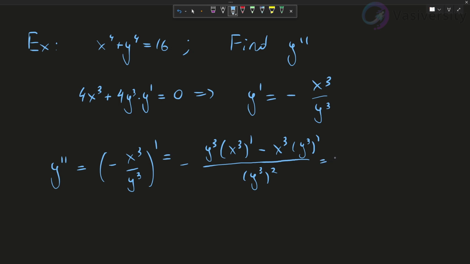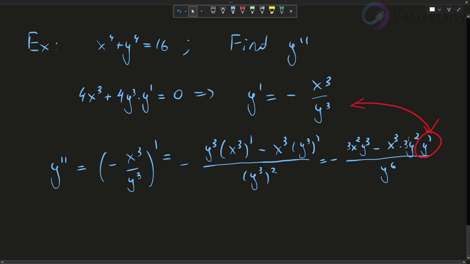Okay, so that will be negative 3x squared y cubed minus, so essentially we're getting x cubed times 3y squared y prime, all over y to the 6. But what is y prime? Can you guys tell me? Yes, that's exactly right. It's going to be this. We can plug it in.